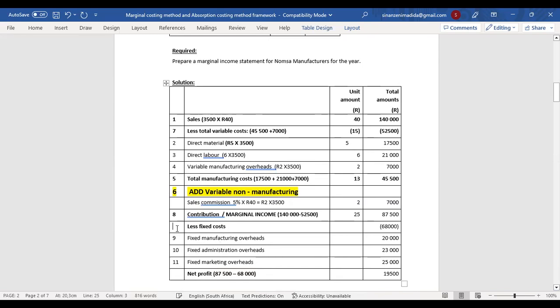Then after getting that, we can proceed to our stage number 12, which is fixed cost, we subtract all our fixed costs, then we get our last line, the profit. This is what we are trying to determine. Here, guys, we are trying to determine our net profit using the marginal income approach. This is our net profit.